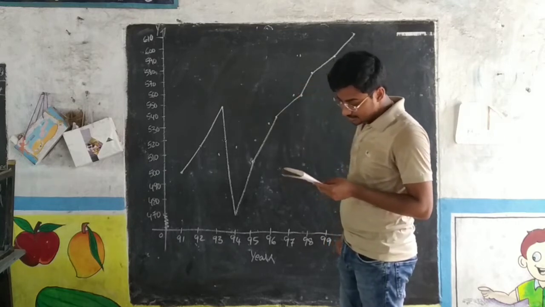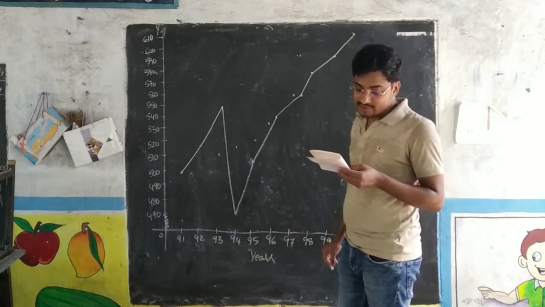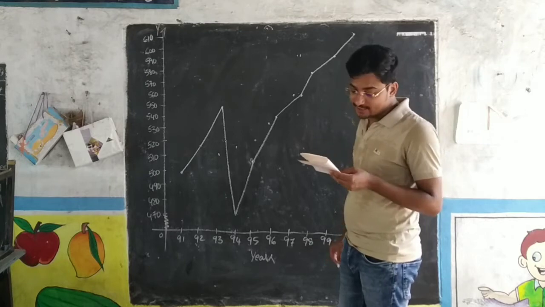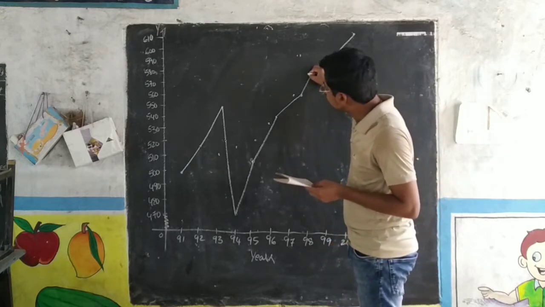Next, 1998 value is 573.75, which is approximately 574.